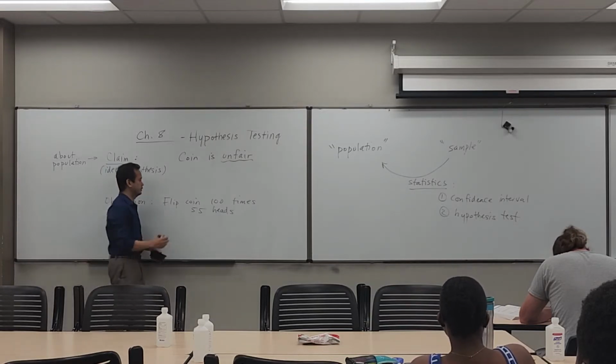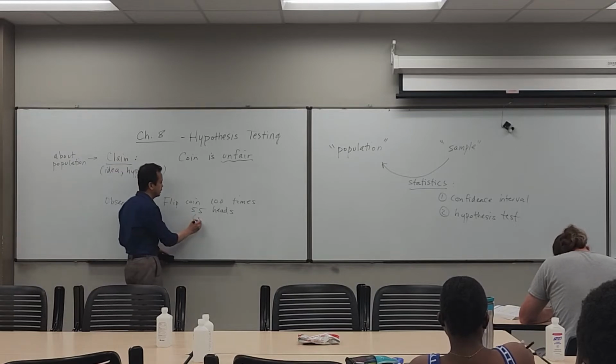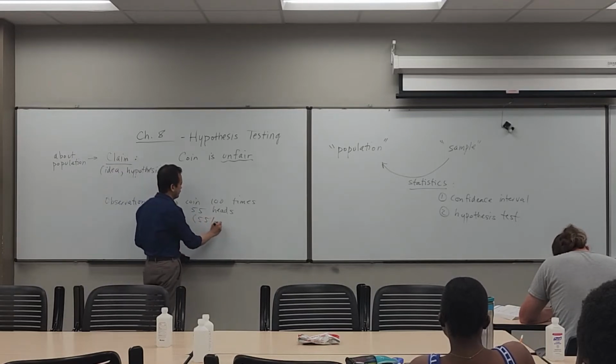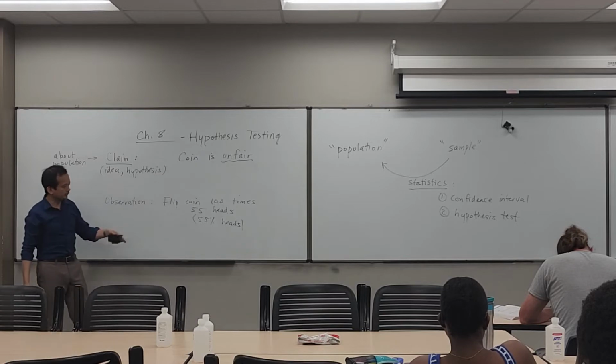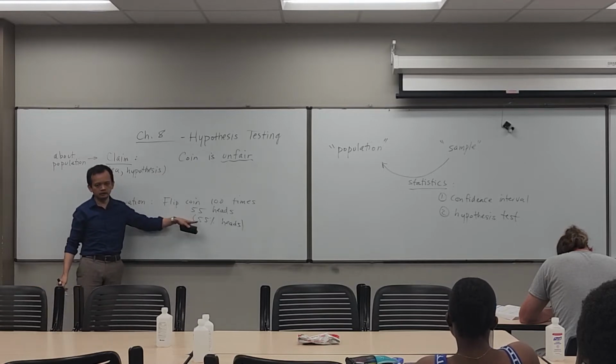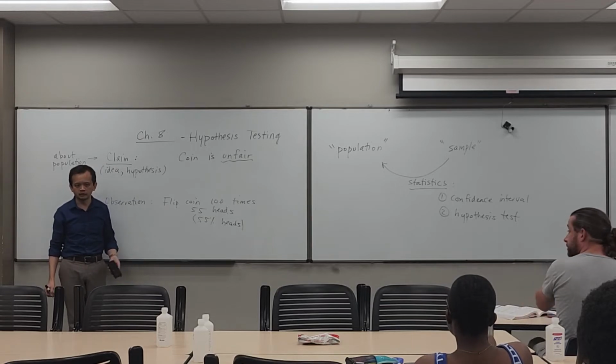So 55 heads turns out to not be exactly 50% heads, it's 55% heads. So 55 out of the 100. But because 55% isn't exactly equal to 50% heads, can you conclude that this coin is not fair?